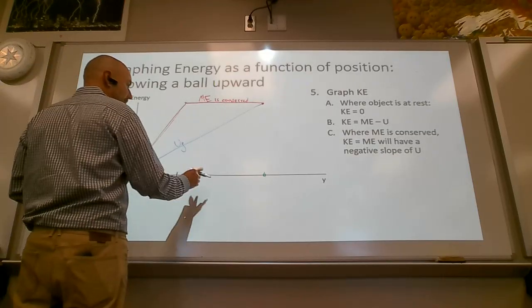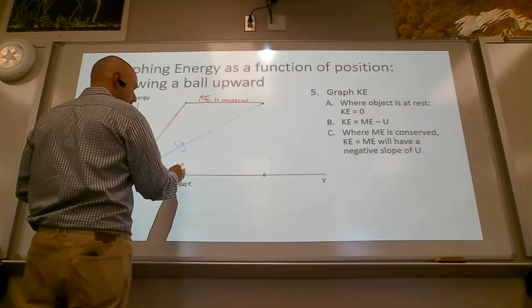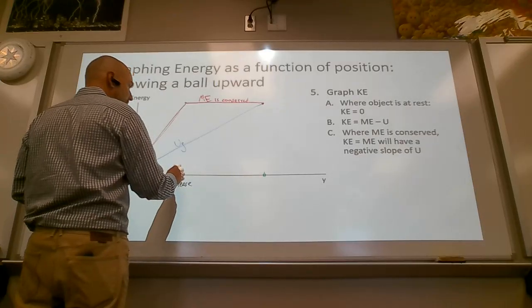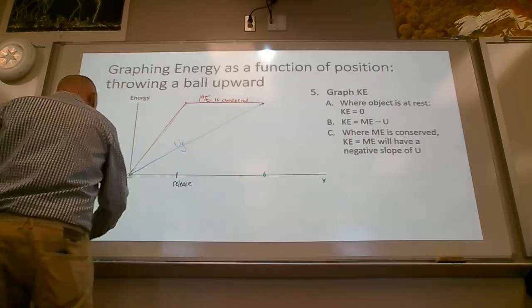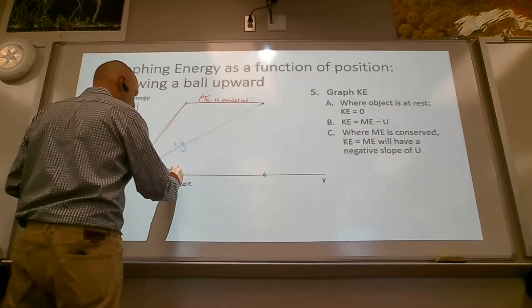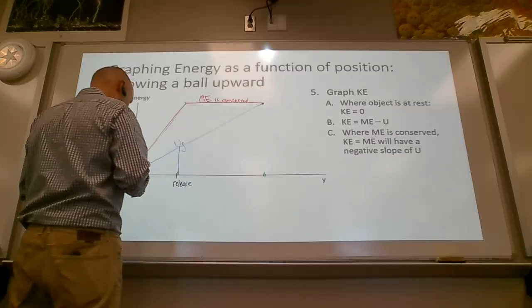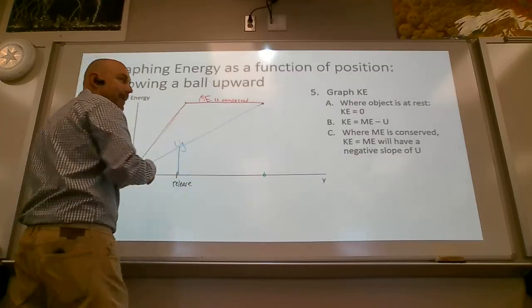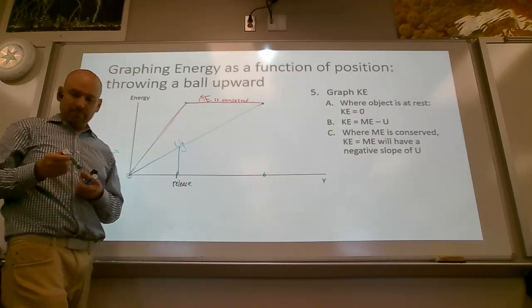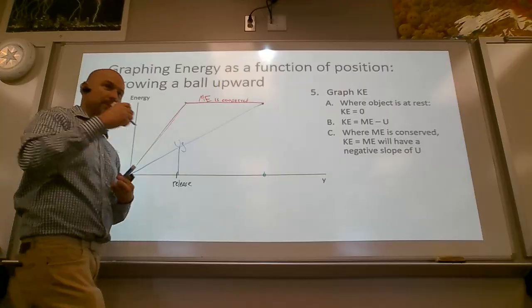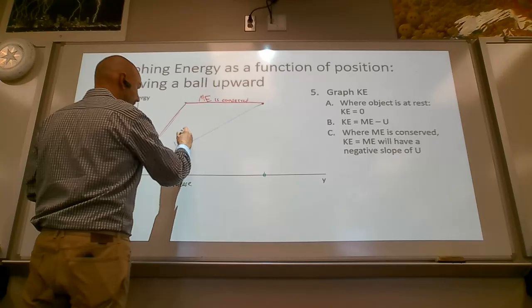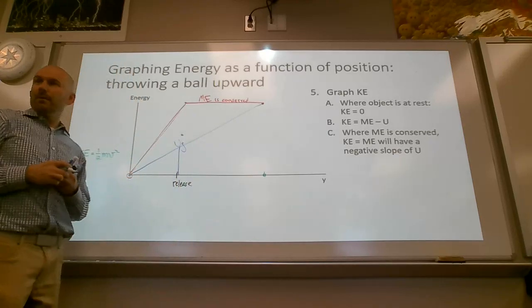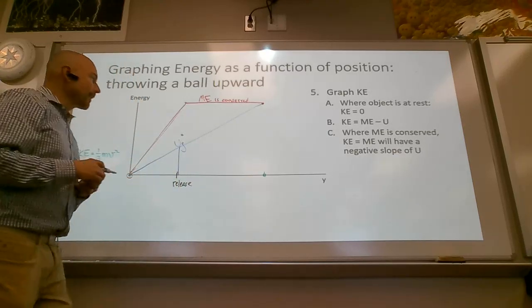So we'll start here while it's conserved. So the blue, kind of like doing the bar chart here, the blue plus the green has to stack up to the red. Does that make sense? So kinetic energy is going to be somewhere here. Okay?